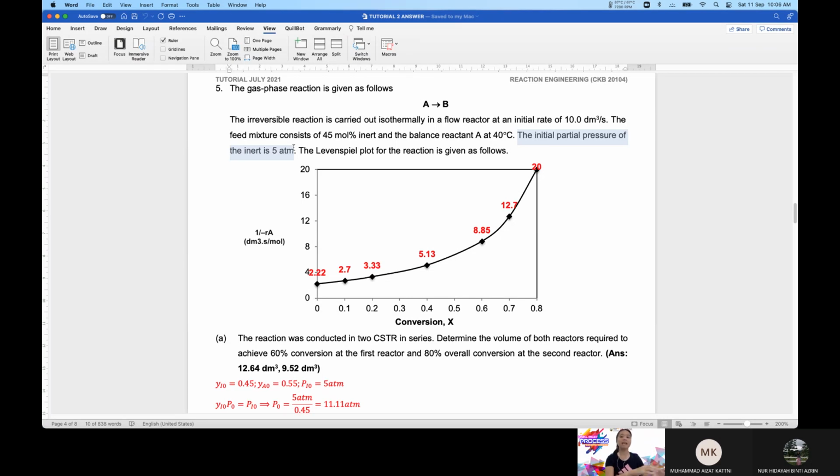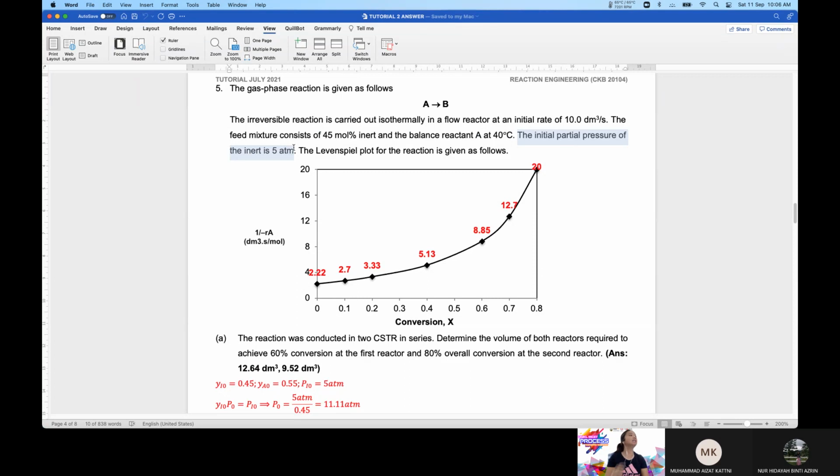Dia kata 45 mol persen, dan pressure lengai ni adalah 5 atm. Jangan lupa, bila saya nak kira untuk A, saya kena tahu yang A. Kita tak boleh guna yang lengai ni. Kita kena cari apa itu tekanan dan mole fraction untuk A sahaja. Okay, so later we will try to do this.